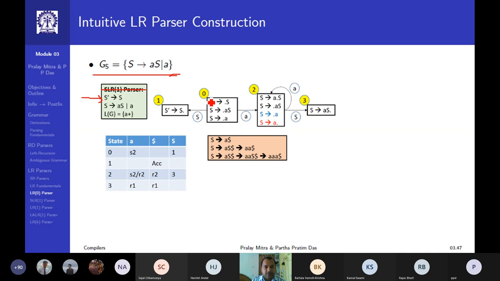Now this is my zeroth or start state. S prime derives dot S, S derives dot AS, S derives dot A, because the second and third come based upon the closure property.